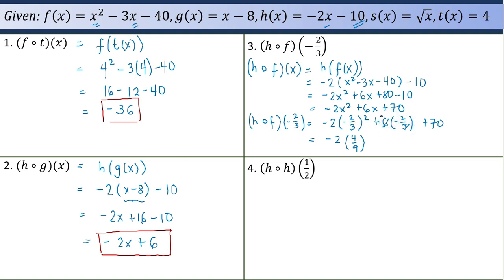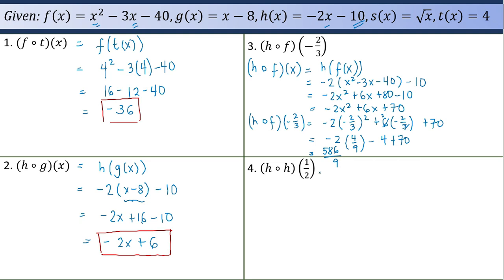So, ang matitira is 2. So, we have negative 4 plus 70. Okay? So, kapag kinumbay natin ang mga terms na yan, we will get 586 over 9.